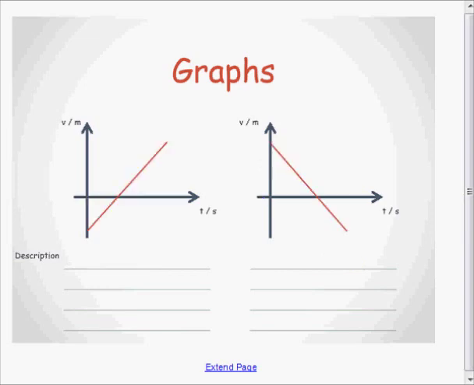This one here, now we've got to think, you go 0, negative, positive. As we go down this way, you're actually increasing your negative value. So this graph here, because it's going this way, we are decreasing our negative velocity, but then we are increasing our positive velocity. So let's have negative as left, and let's have positive as right.